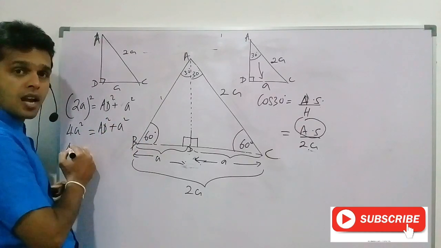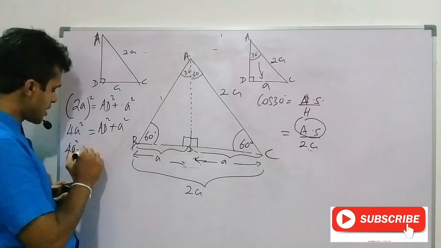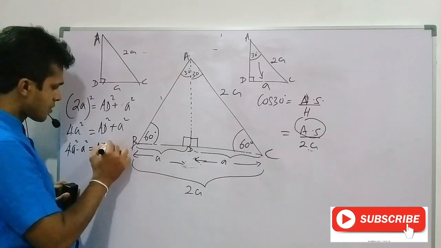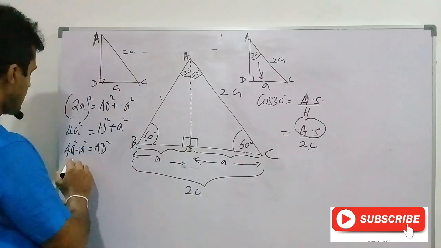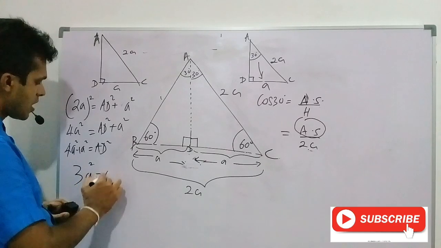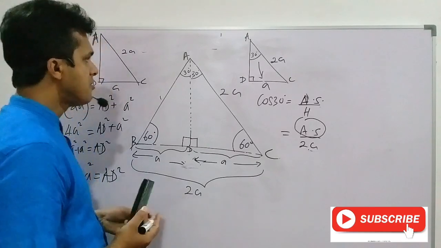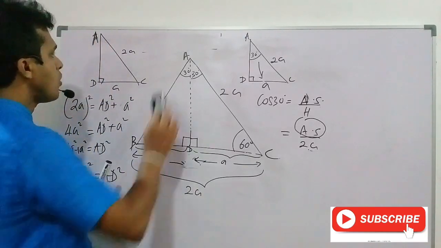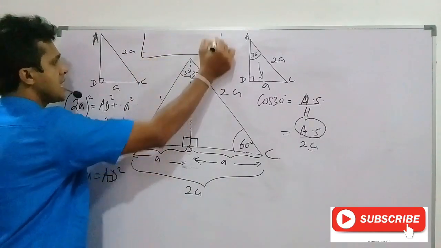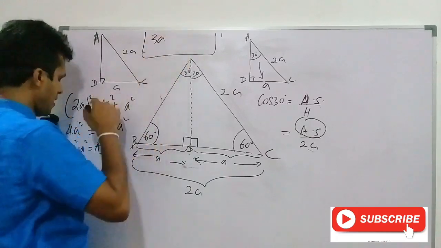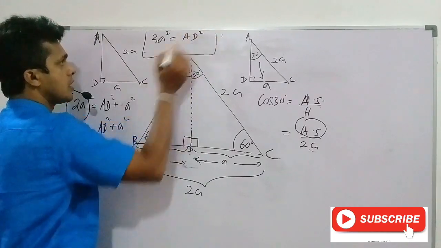So 4a squared minus a squared equals AD squared. 4a squared minus 1a squared equals 3a squared. 3a squared equals AD squared. Now we can find the value of AD.